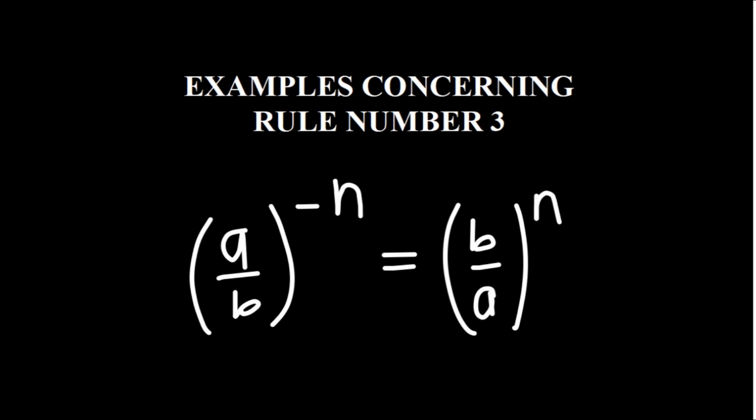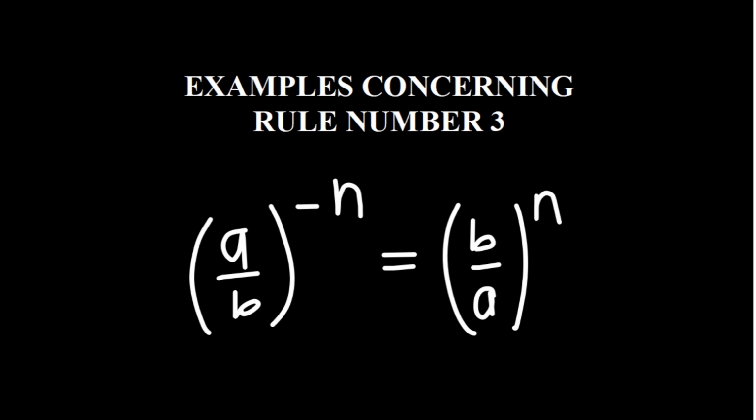So if you have a over b, when you convert it to a positive exponent, b will sit on the numerator and a will sit on the denominator, as you can see here on the right-hand side. So it will be b over a raised to a positive exponent.